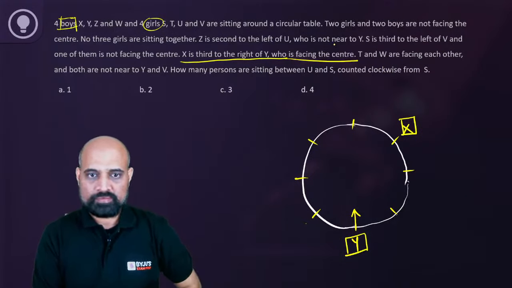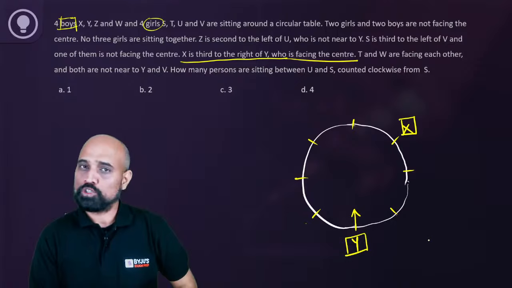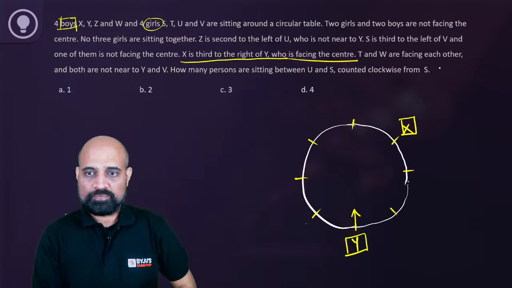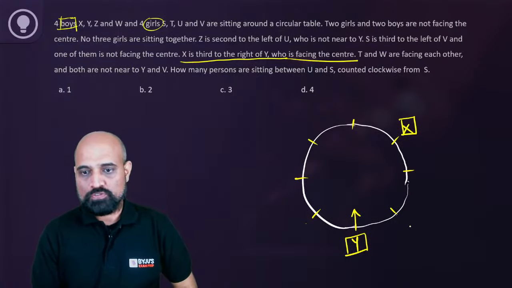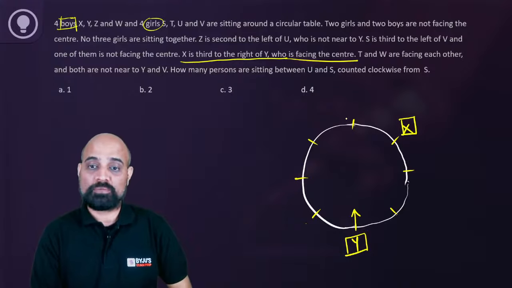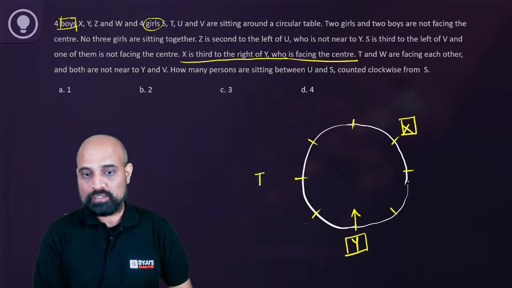T and W are facing each other. They're diametrically opposite. They both must be facing inwards. And both are not near to Y and V. So Y के नजदीक नहीं है and V के नजदीक नहीं है. The only possibility is that T and W should be over here.